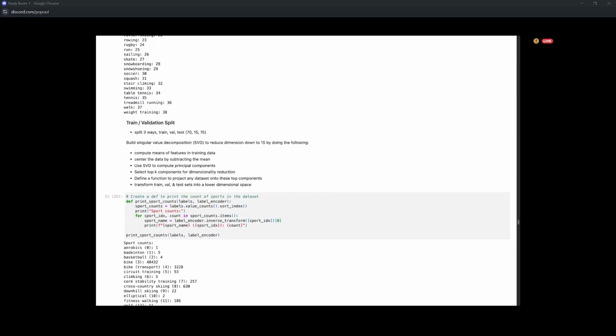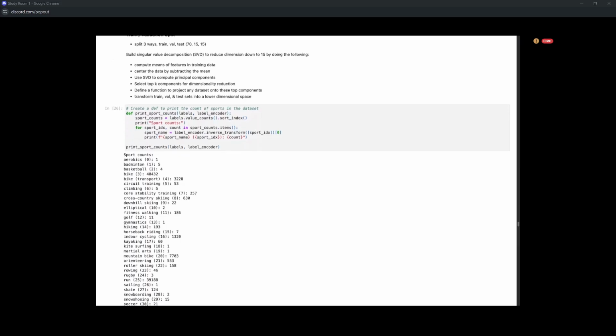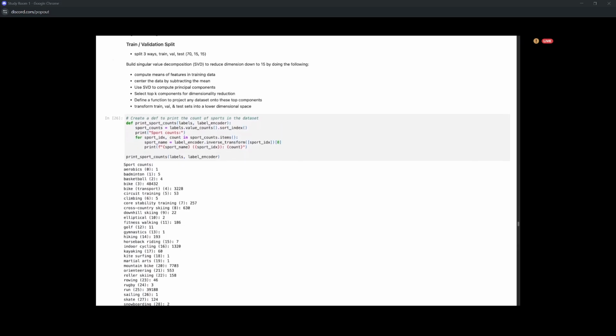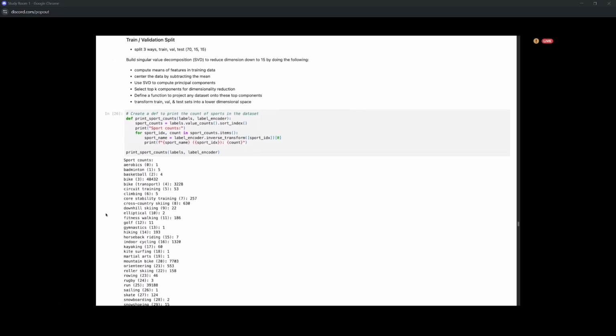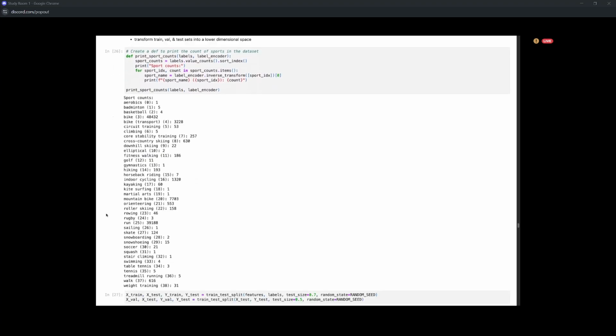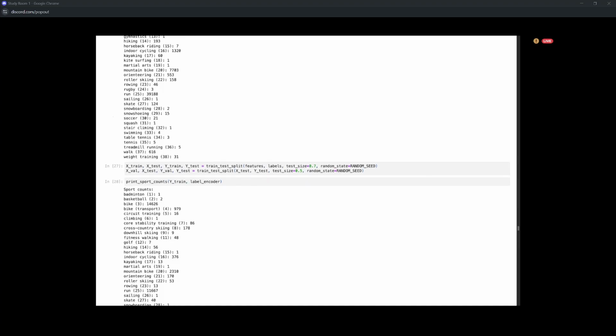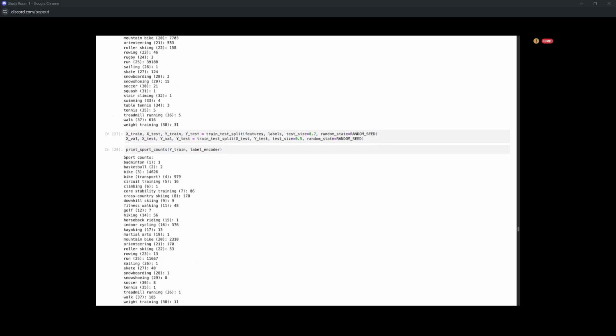So before we split our data into train and validation, we have to check out something. We noticed that there are multiple sports that only have one or two records inside the data set, which will have an implication later. We split the data set three-way: train, validation, and test, just for additional assurances.